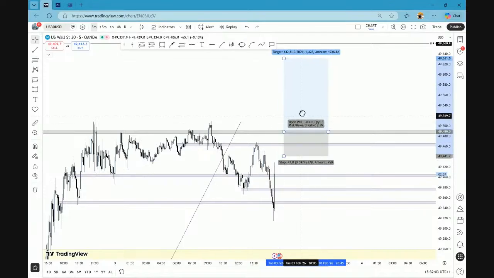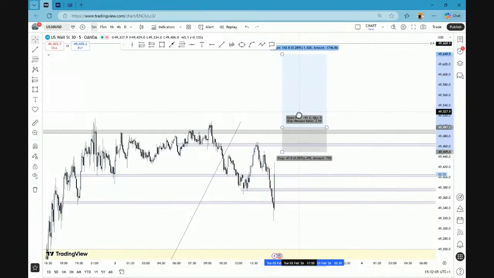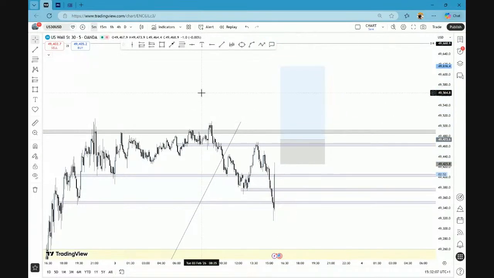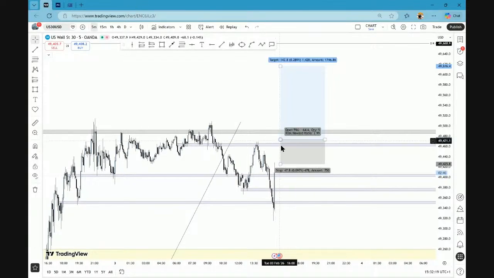Guys, price is just around here right now. I don't know what's wrong with TradingView. Price is above that level right now, but TradingView is just somewhere below. What's happening?